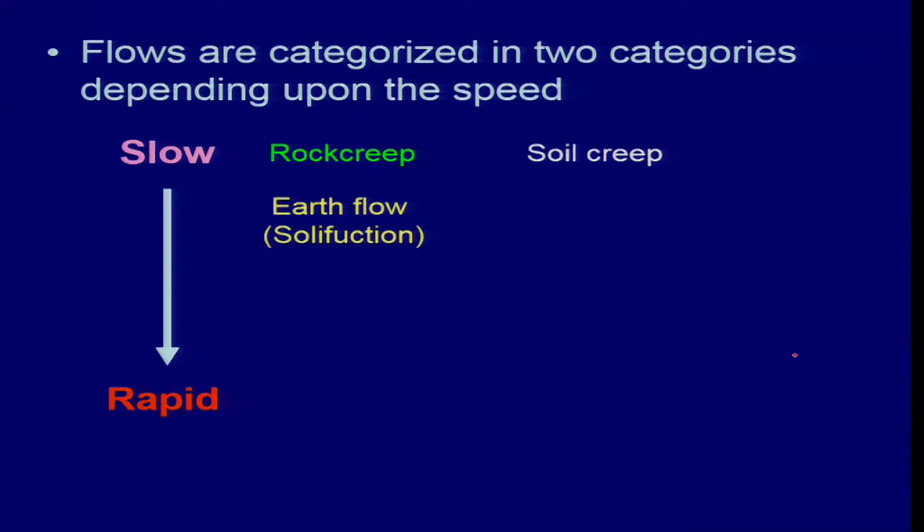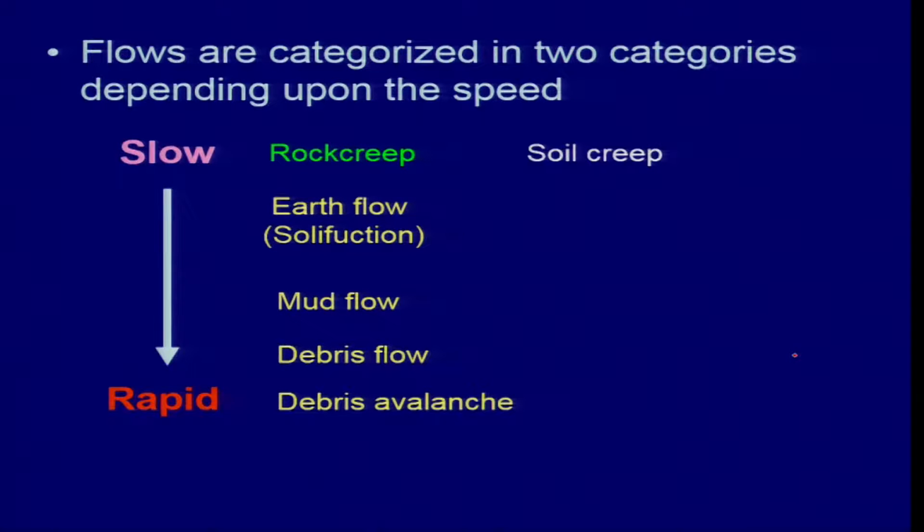The earth flow solifluction is relatively faster, mud flows are faster and towards rapid, debris flows are extremely fast, and debris avalanches. So, the flow category depends on the speed, how fast they are going to slip. We will see a couple of examples.